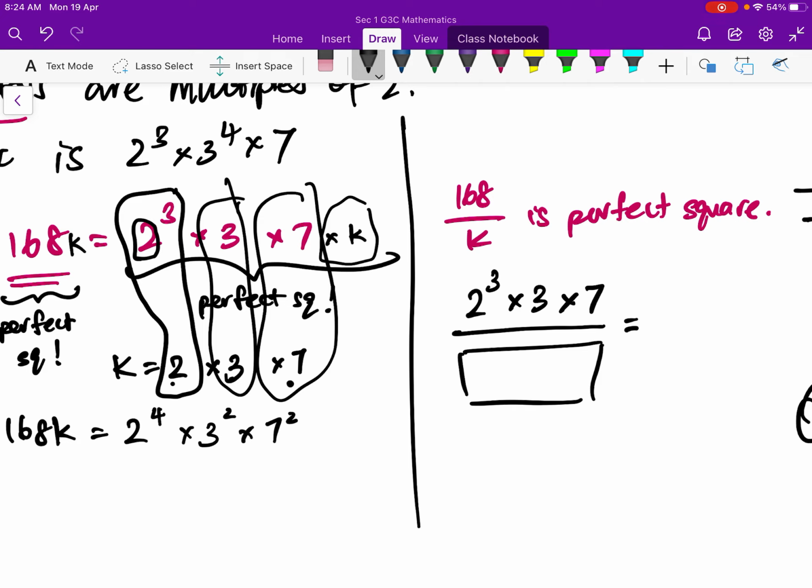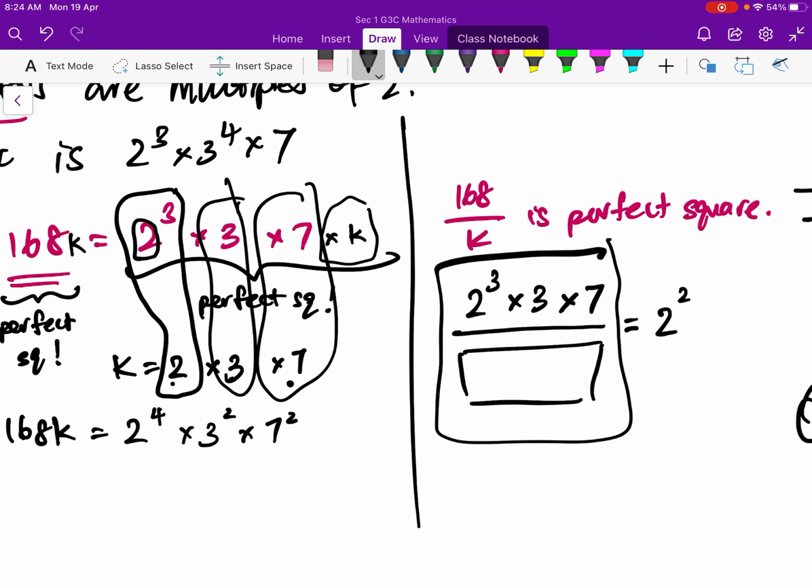What should the perfect square look like? Currently, this is not a perfect square for the same reason that Zheng Jie mentioned. The powers of 2, 3, and 7 are not multiples of 2. But the moment I divide it by a certain denominator, and I tell you that it is a perfect square, we can now identify that the result has to be 2 to the power of 2.